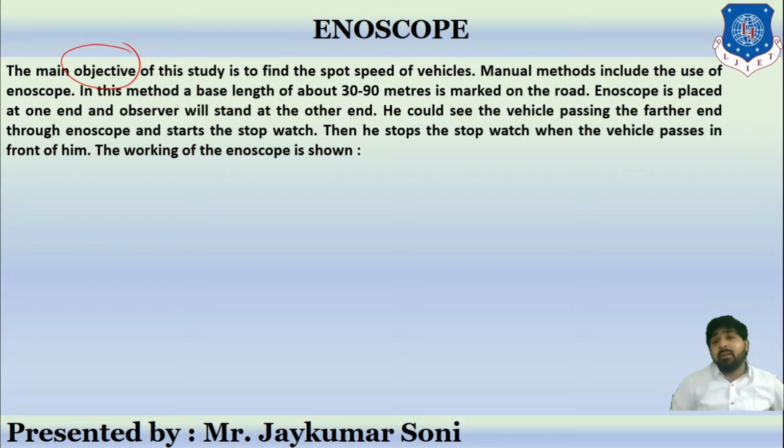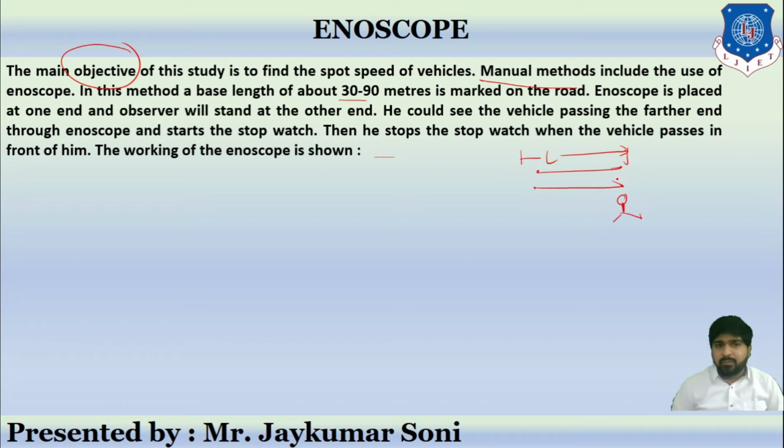So, the manual method includes the use of the enoscope. So, the enoscope is part of the manual method, that is the first thing. In this method, a base length of 30 to 90 meters of road stretch is considered. It is marked on the road. The enoscope is placed at one place. This is the person.